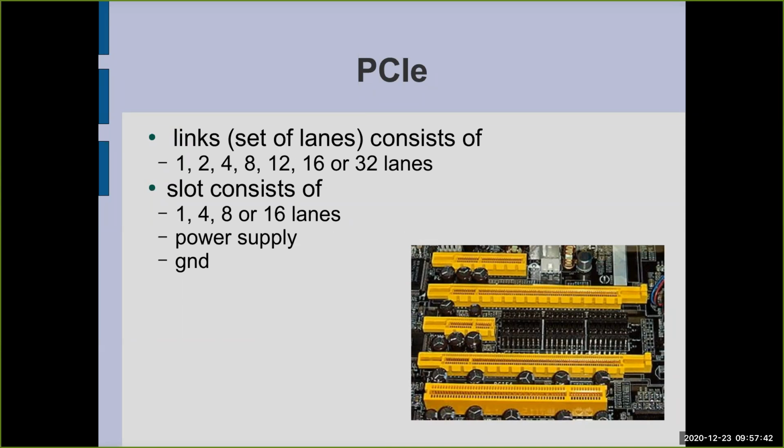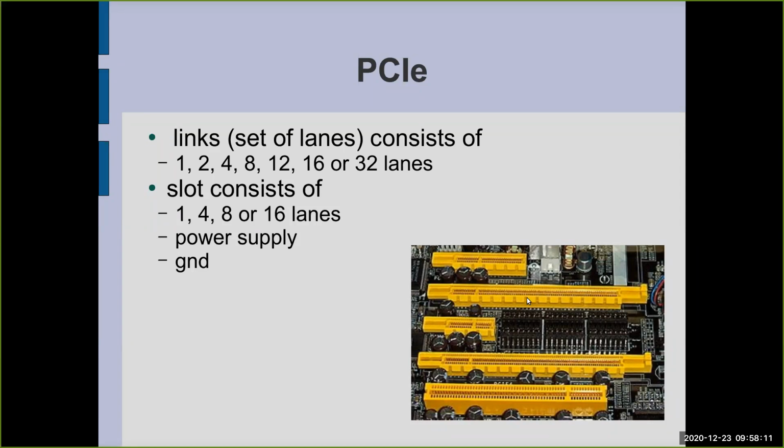But probably most of you have laptops, so you don't know how the main board in desktop computers looks like. Of course, in laptops there is also a PCI Express interface, but it looks a little bit different. But on main boards, you can find PCI Express in different versions.